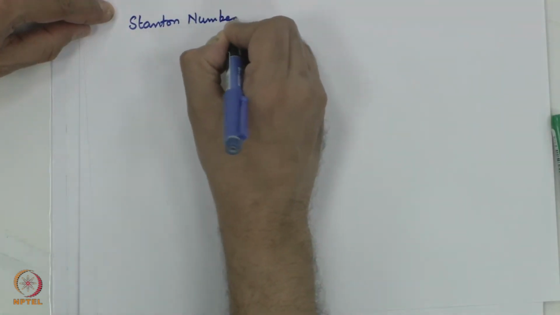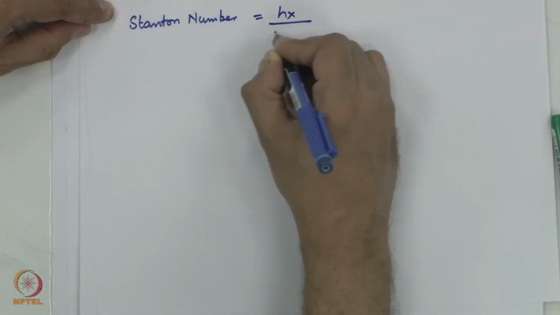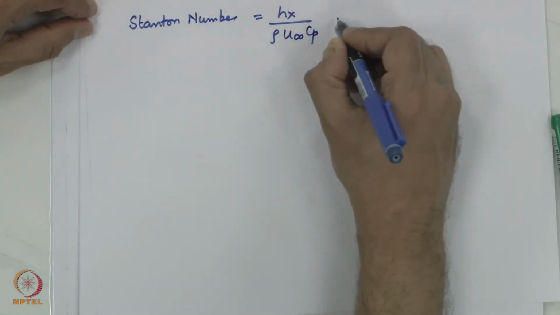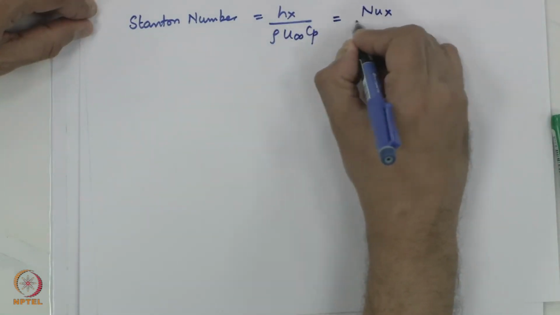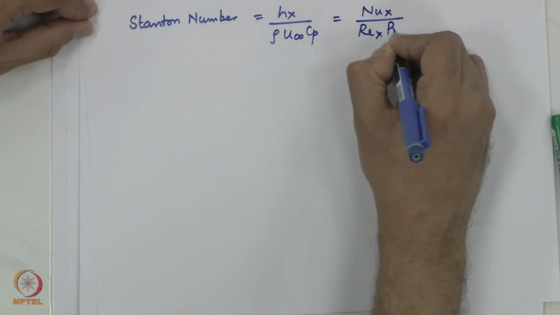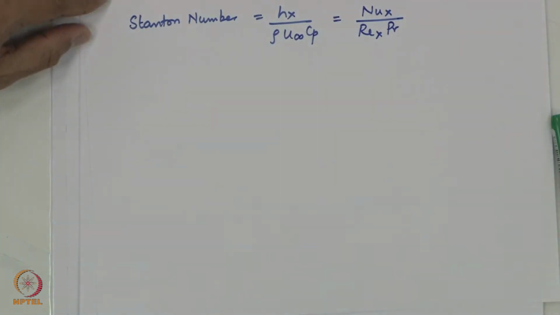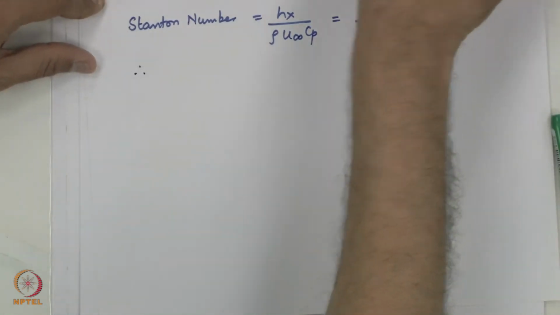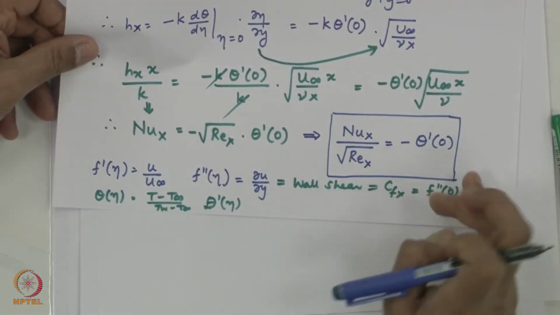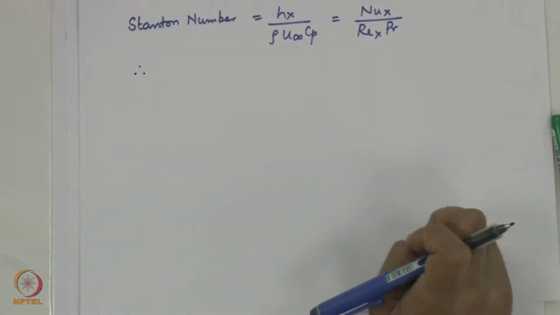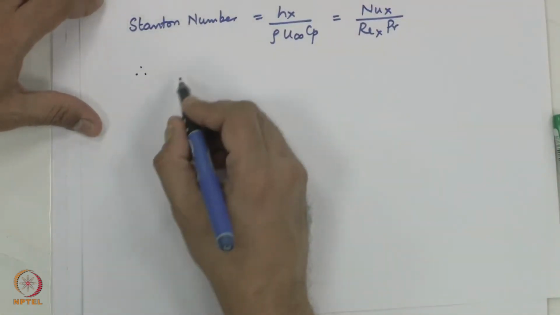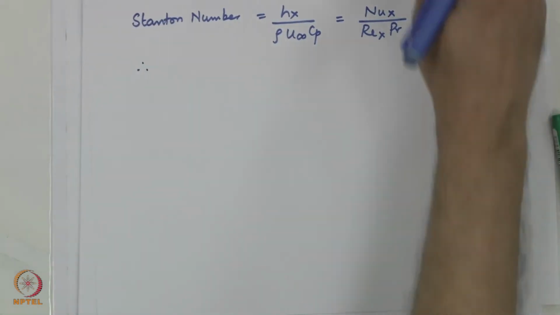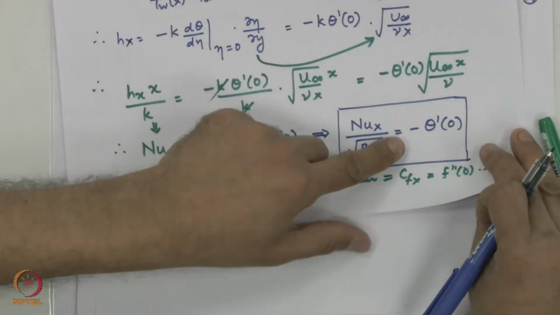Stanton number is defined as hx by rho u infinity cp, which will come out to be Nusselt local by Re local Pr. Therefore, what we are trying to say is we got here Nu by Rex. This is nothing but minus theta prime, or the Stanton number is also a function of the fluid and the gradient of the temperature.